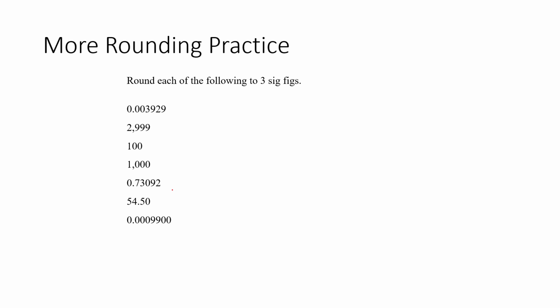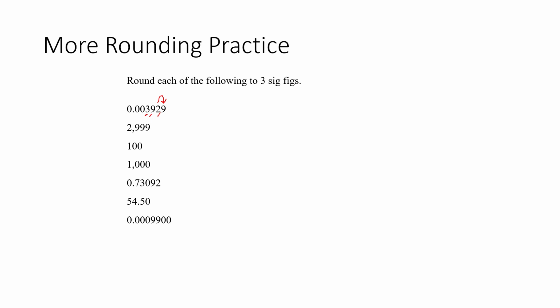Okay, so let's look at this first one. We want each one of these to have 3 significant figures. So these leading zeros are not significant, so we have 1, 2, 3, and then we have to look to the right. We know that we are not going to have any number here, because if we did add a 0 or anything else, that would change how many significant figures we have.